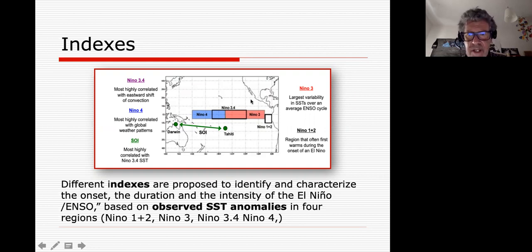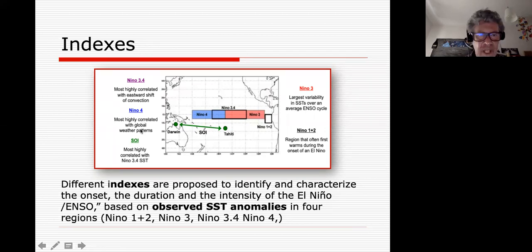Then you have the Niño 3, this red area, which has the largest variability in SST over an average El Niño, ENSO cycle. So the signal is stronger.